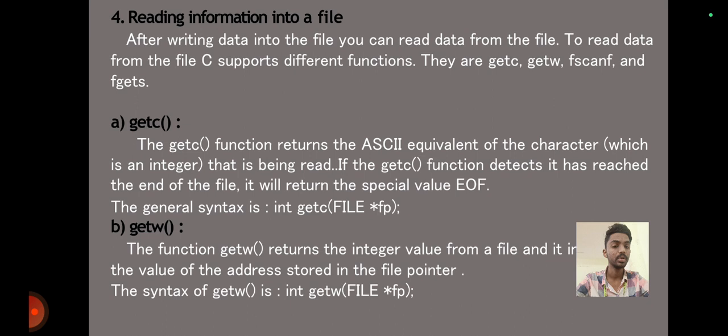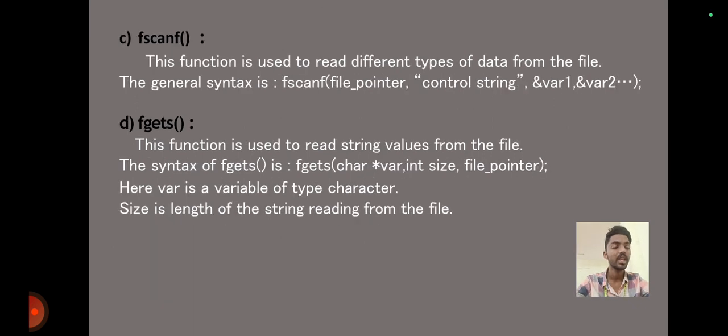The function getw returns the integer value from a file and the value of address stored in the file pointer. The syntax of getw is int getw(FILE *fp). fscanf function. This function is used to read different types of data from the file. The general syntax is fscanf(file pointer, control string, variable1, variable2).